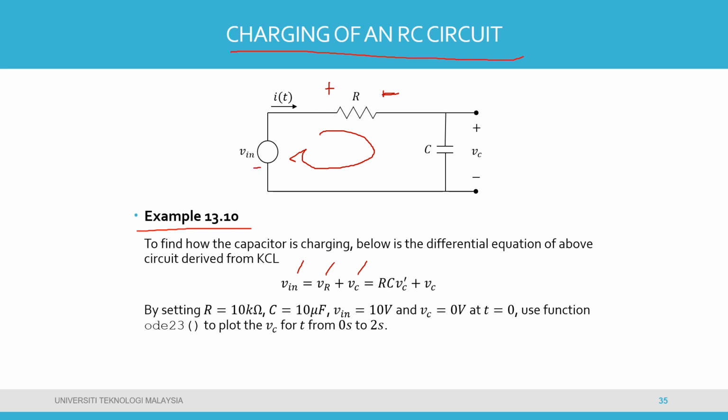Since the source is negative, positive, we have negative at the Vin, positive at the resistor, and positive at the capacitor, so it becomes like this. Then you rearrange it and get RC dVC/dt plus VC here. I think you already learned about this.